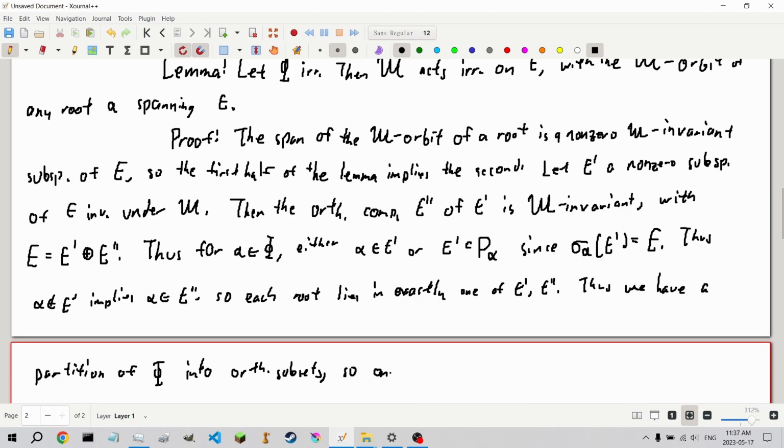So one must be empty. As phi spans E, our E prime must be just all of E.